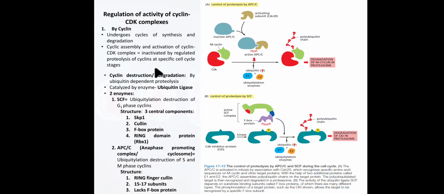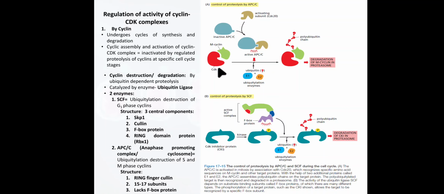Here we discussed cyclin destruction by the ubiquitin ligase SCF. There is another one, APC, which is yet to be discussed. The Anaphase-Promoting Complex cyclosome is also responsible for ubiquitination and destruction of S and M phase cyclins. Structure: ring finger Cullin, 15 to 17 subunits, and they lack F box.